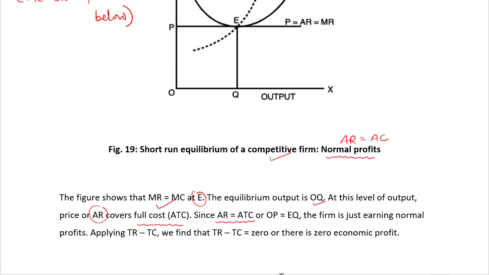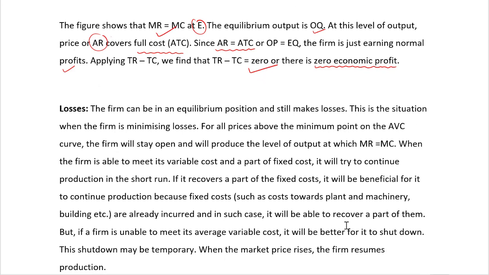The firm is just earning normal profits, applying total revenue minus total cost. We find that the total revenue minus total cost is zero. This means what? The firm is earning only zero economic profits. That means normal profits.